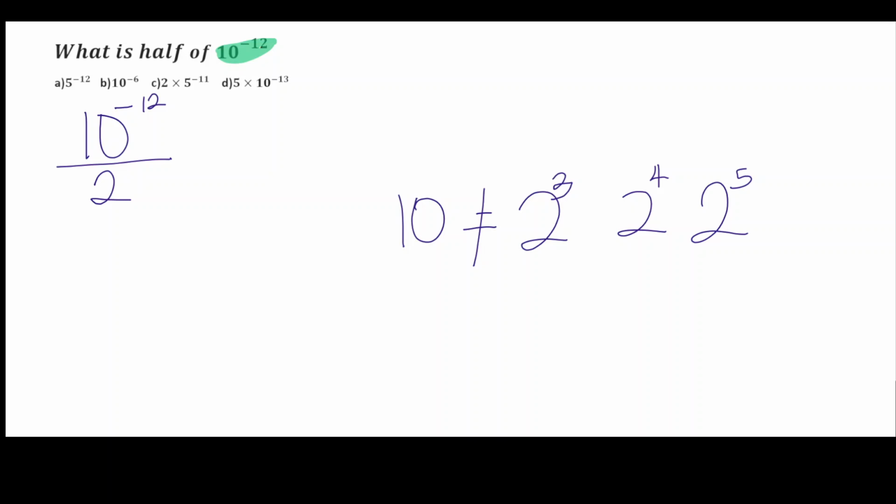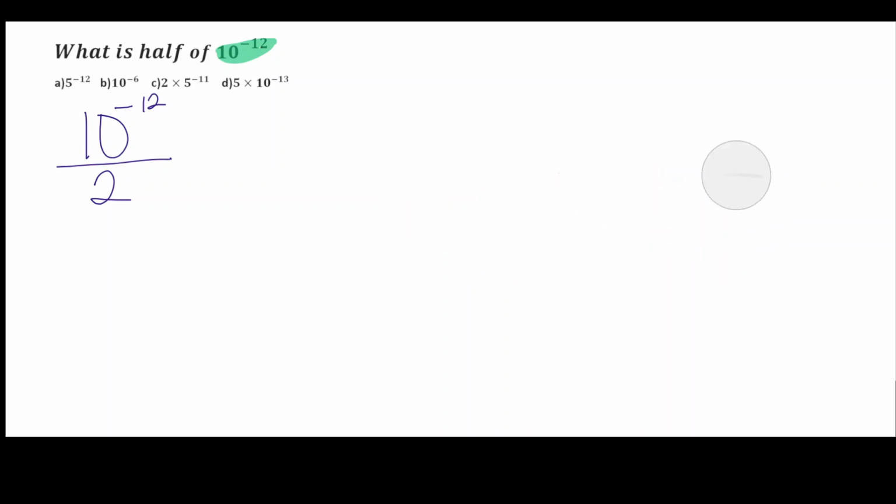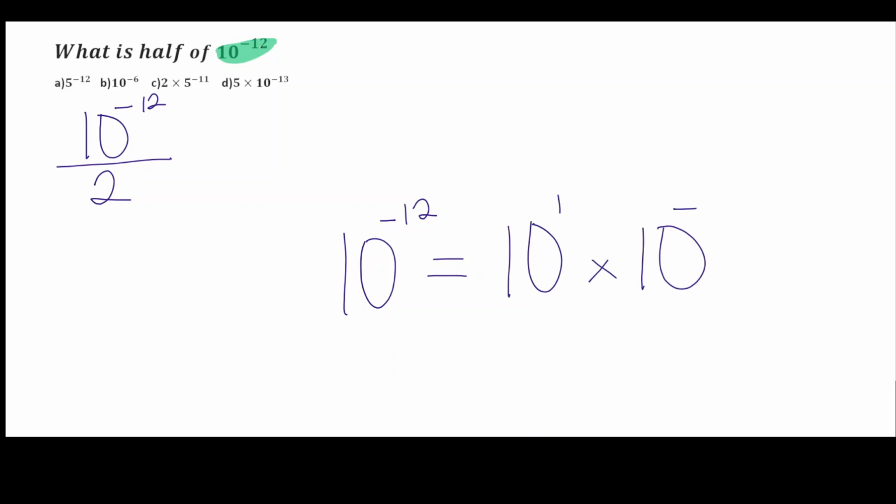So what are we going to do? That is the question. Well, there's something I can do here. I can write 10 to the power of negative 12 as 10 to the power of 1 multiplying 10 to the power of negative 13.